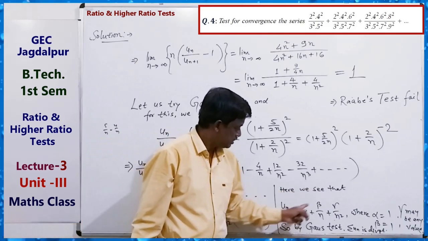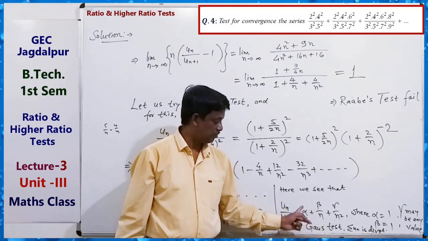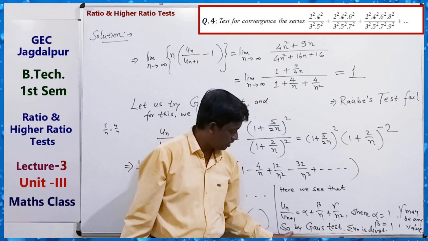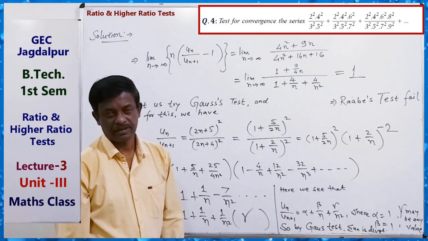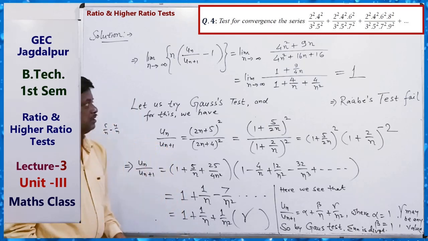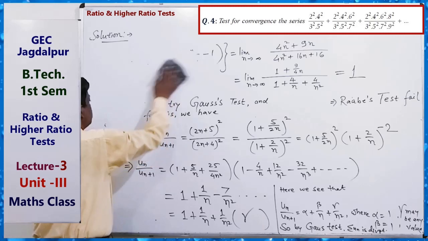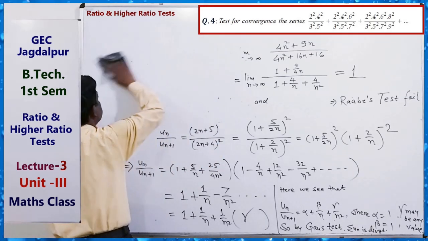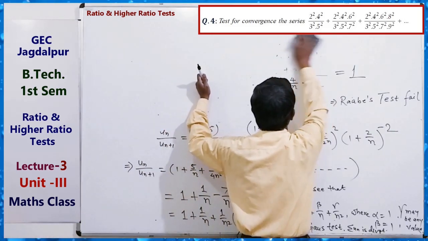So here we see that un by un plus 1 is equal to this format. Here alpha 1, beta 1, gamma may be any value. So by Gauss test, series is divergent. Clear? So using Gauss test, you can also determine whether the given series is convergent or divergent. If ratio test fail, reverse test fail, then you can use Gauss test.